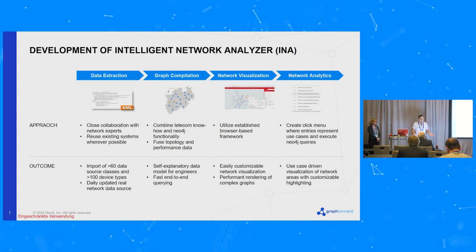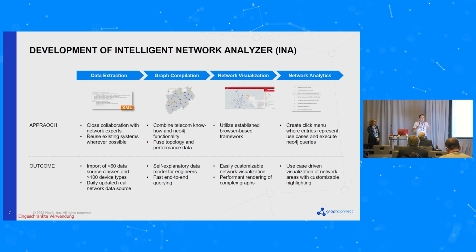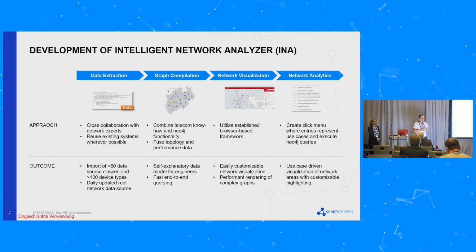This is all extracted, and then the most complex thing starts: you have to ingest this into your system regarding semantics and all this. We fed this completely into Neo4j, so you have the complete topology in.